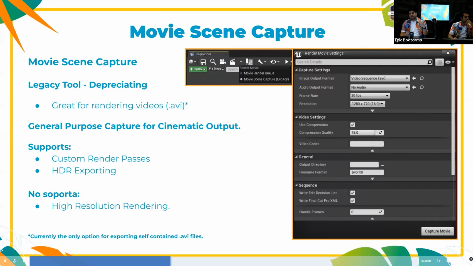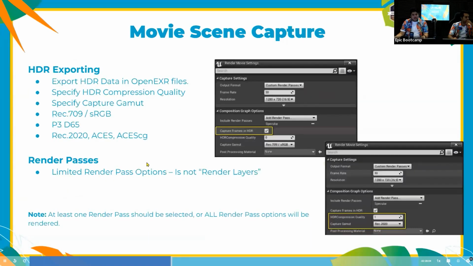And this is cool. Right now, it has several limitations for what we need. For example, we need high resolution images, 4K, 16K, 32K, 64K images, and the movie scene capture won't be able to do so.